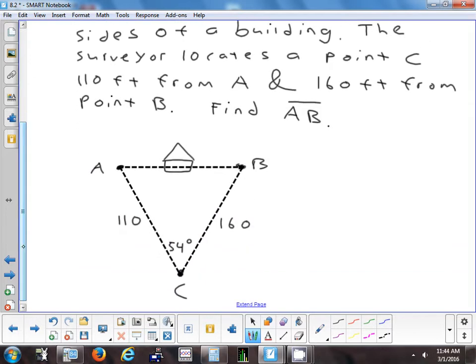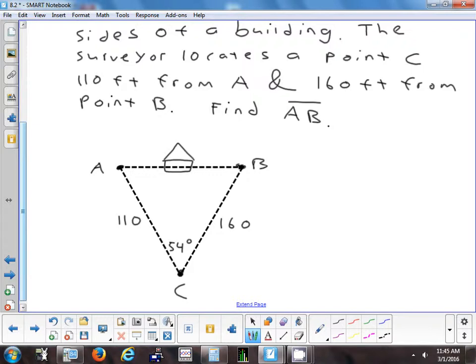Right, so I've already set up my picture. Points A and B are on the opposite sides of a building. Now, you could imagine maybe this is like a canyon. If there wasn't a building here, maybe they want to measure the distance across a canyon, and they really can't do it.